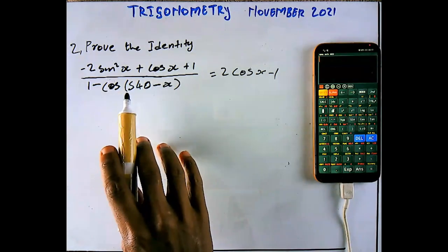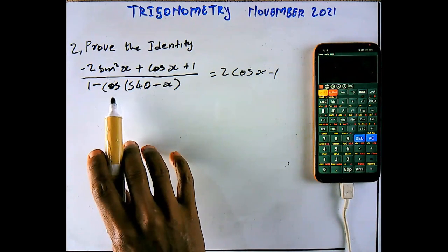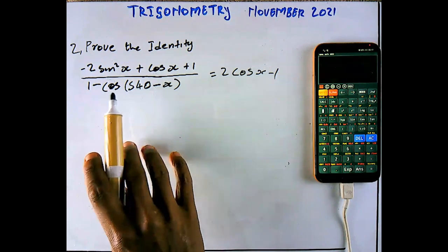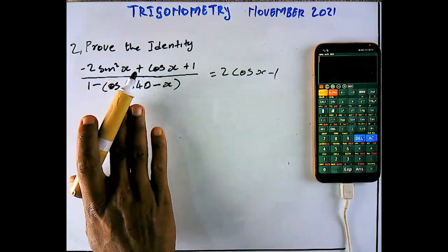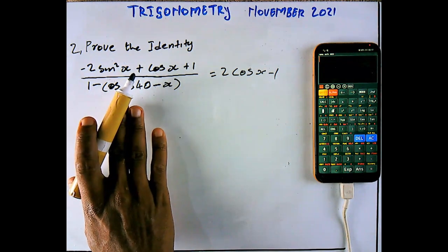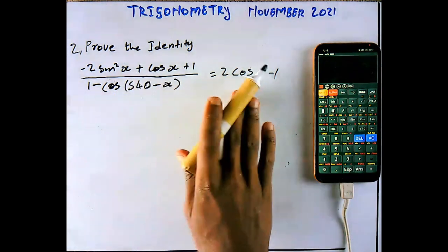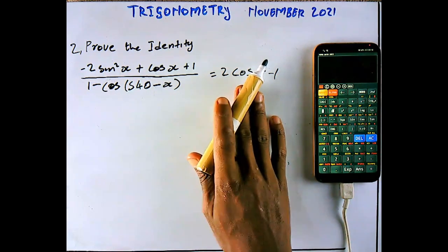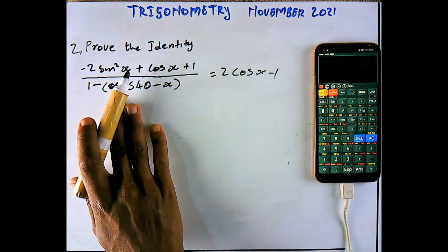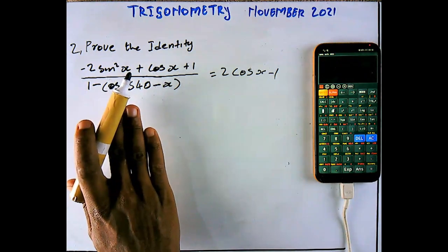When we do proofs in trigonometry, we work on the complicated side. If you can see, this side is complicated, so we have to simplify the complicated side. This one is simplified, so we can't make it complicated. So we are working on this side.